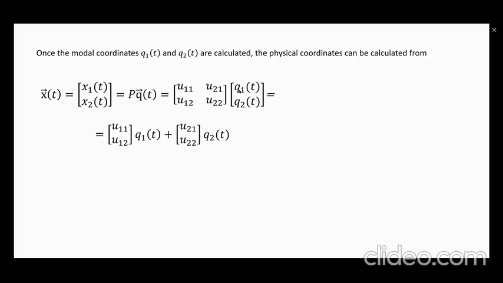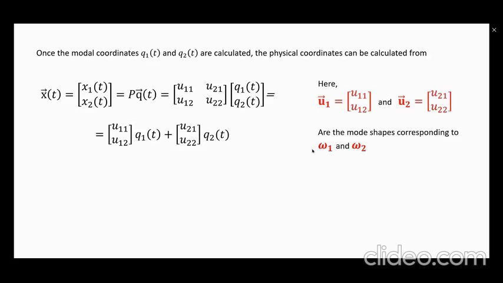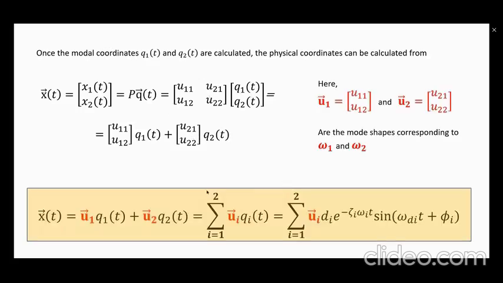And if you look at this in a slightly different way, although there's nothing wrong with it, you can view this as that column times Q1 plus that column times Q2. You can just multiply these out, and you see that you get exactly what you have up there. Then basically we have the stuff that we discussed 2 days ago. So we have the mode shapes times Q1 and Q2.